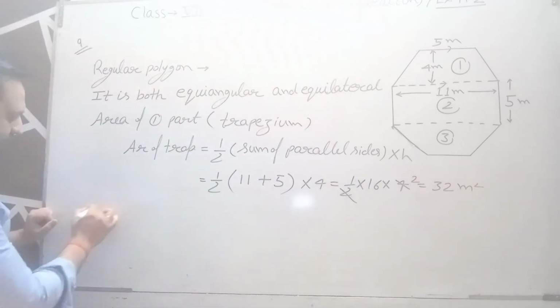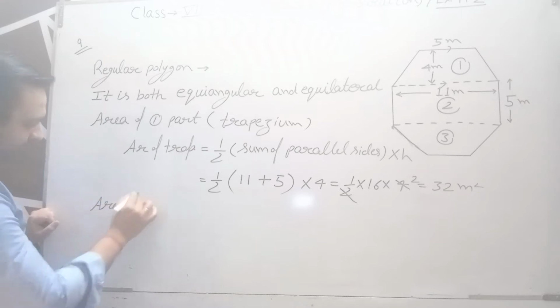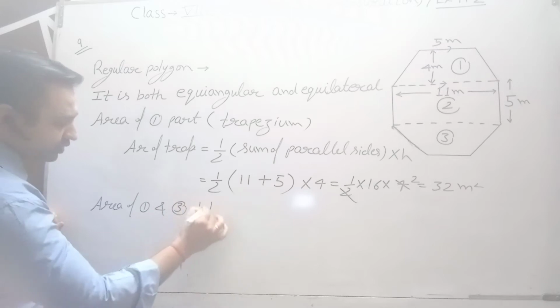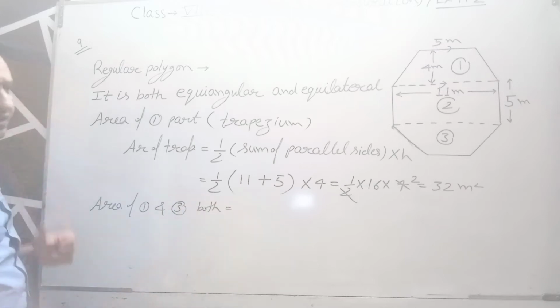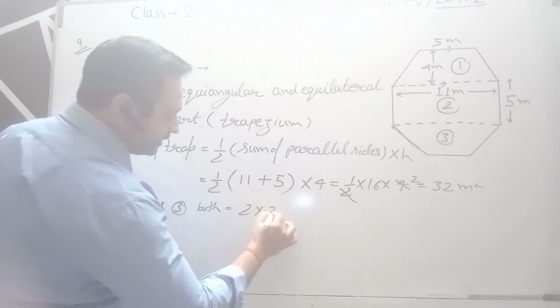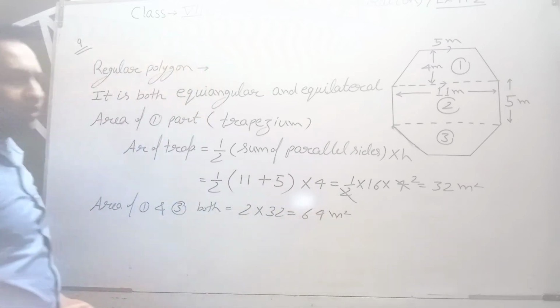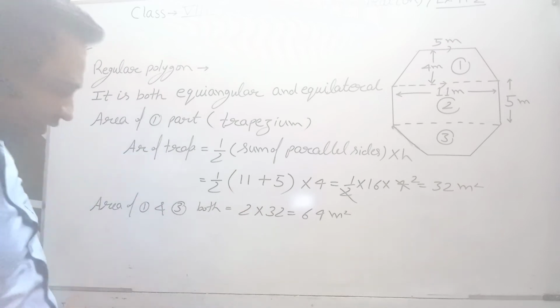So we can say that if we study the area of first and third both together, 2 multiply 32, it means 64 meter square.